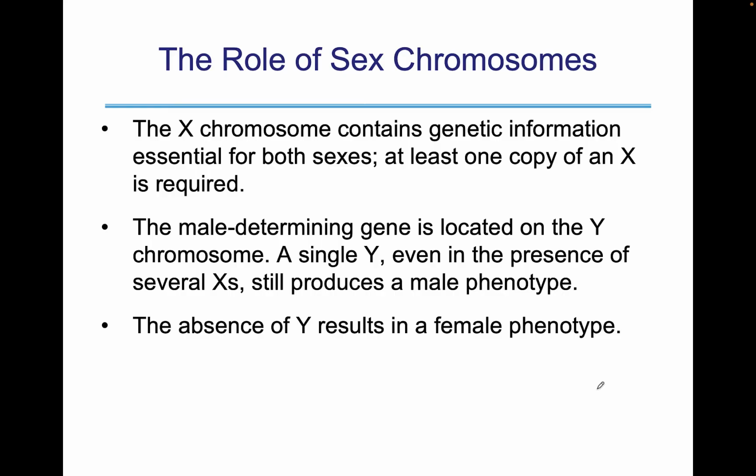Okay, and what we do know is at least one copy of an X chromosome is required for human development. There has not been a case where they've seen a normal human without any X chromosome. It's actually believed that if they don't have any sex chromosomes, they are aborted in utero, so they don't actually become a viable fetus.